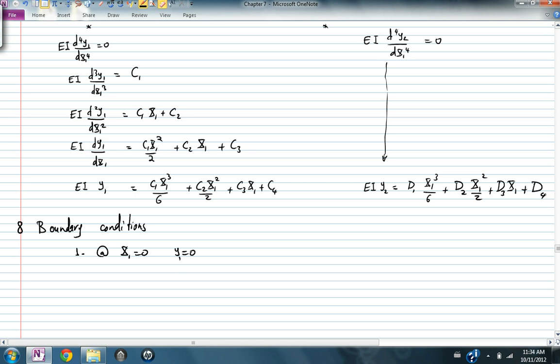The displacement at the first point is equal to 0. The second: at x1 equals 0, the moment M1, which is the second derivative of y1 with respect to x1 squared, equals 0.